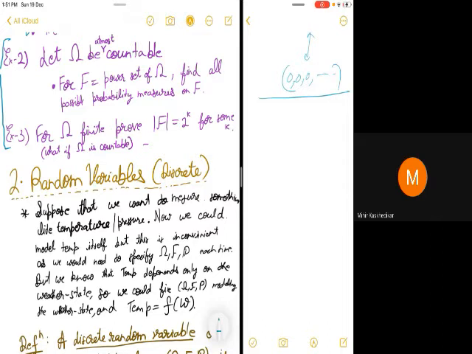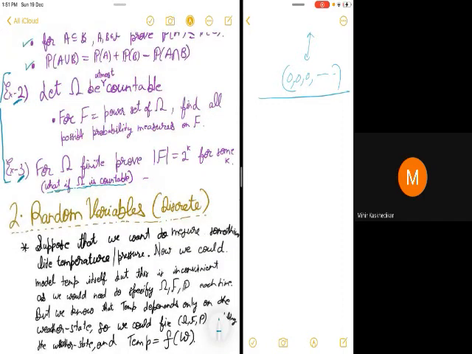This is in exercise 3, and then in exercise 2 you will classify all the probability measures which can be defined on such a set. The countable case is quite similar, but also a bit difficult.